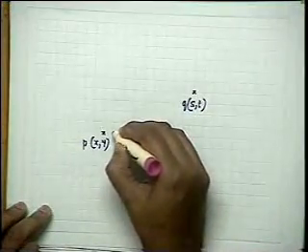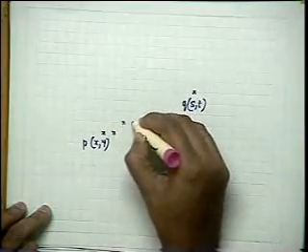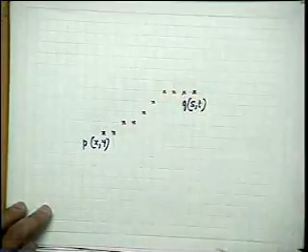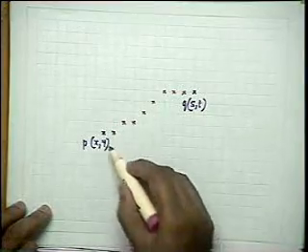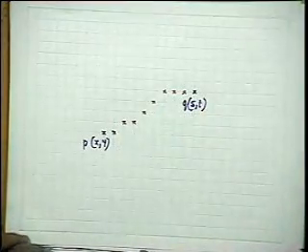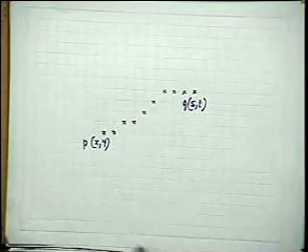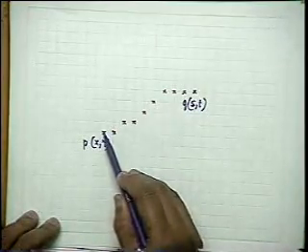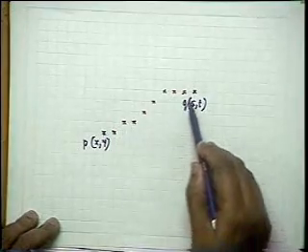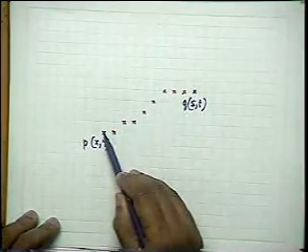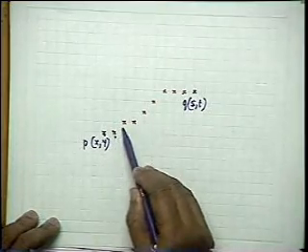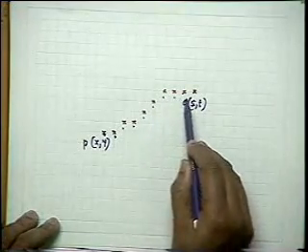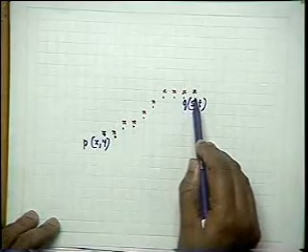If I have a sequence of pixels in this manner, then I will say that this is a path from P to Q. The sequence of pixels begins with this point P and it ends with the point Q. So this is x0, y0, this is x1, y1, this is x2, y2, x3, y3, x4, y4, x5, y5, x6, y6, x7, y7, x8, y8, x9, y9.